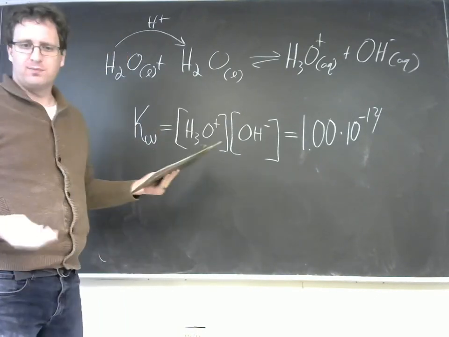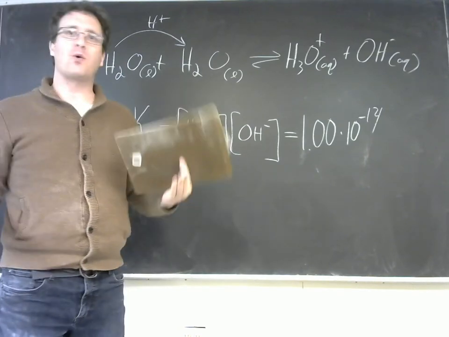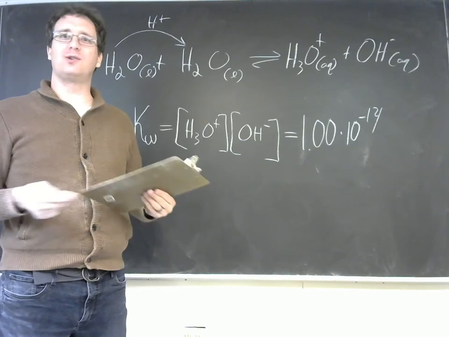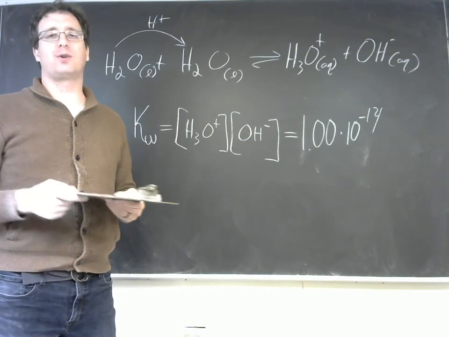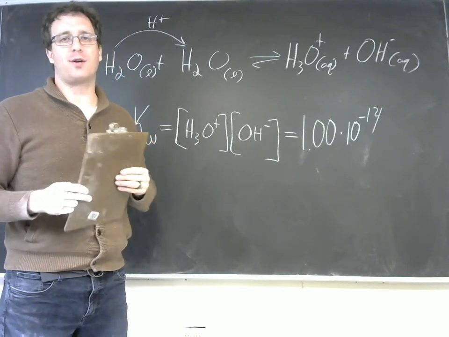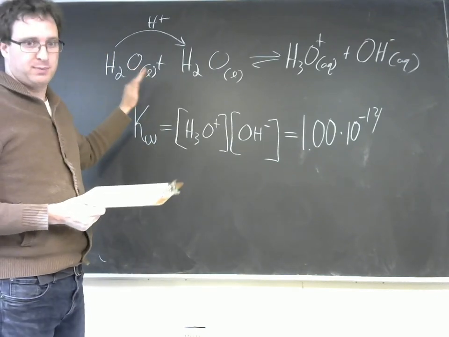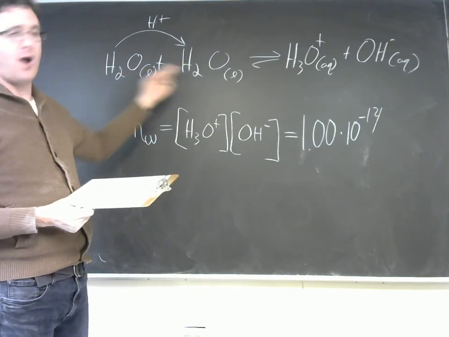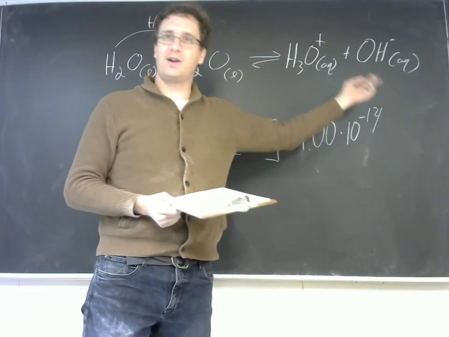First of all, this reaction happens all the time. If you have pure water and there's no solute in it, maybe you've distilled it or done reverse osmosis or done whatever you can to get the most pristine, pure sample of water that you can find, it's still not going to be pure water, because we can't prevent water from reacting with itself in this way and producing hydronium and hydroxide.